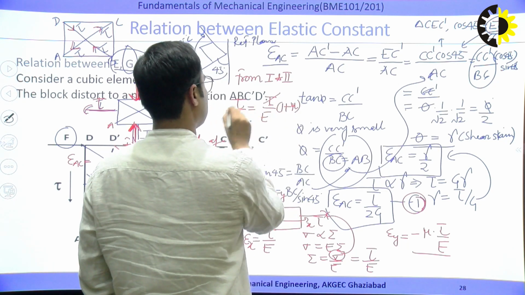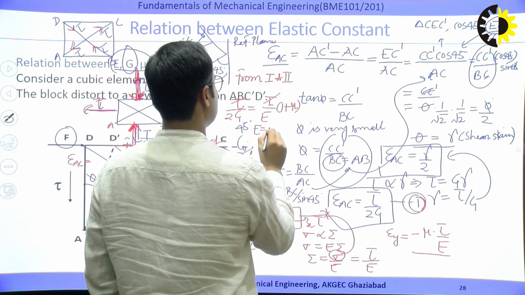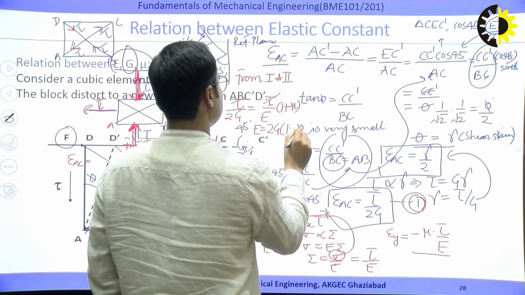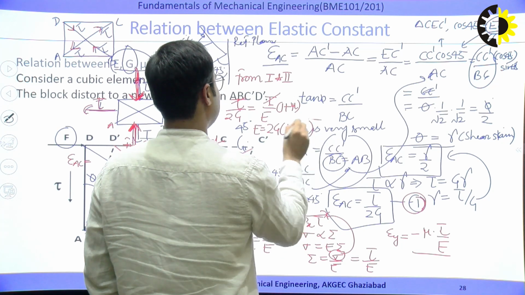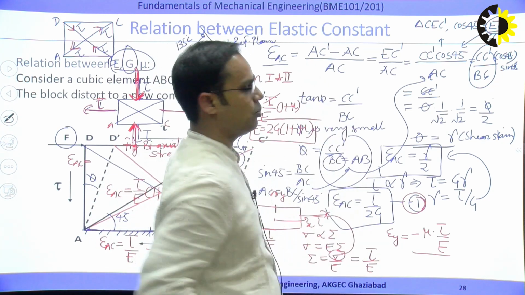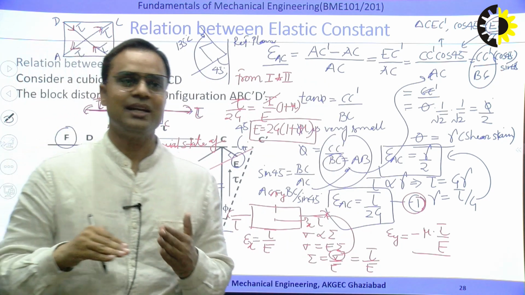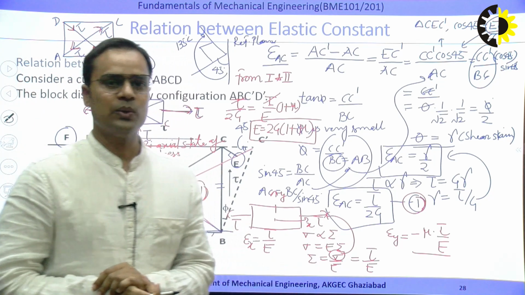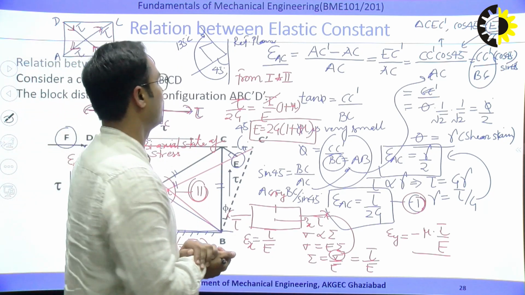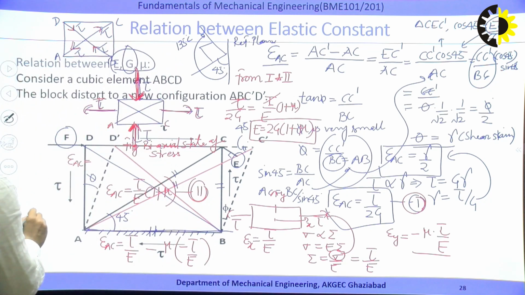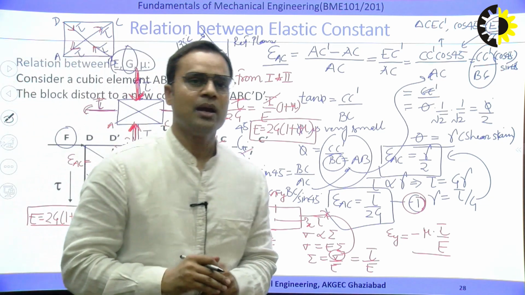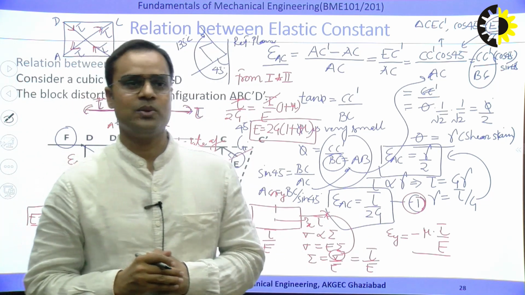So tau cancels, so E is equal to 2G(1 plus mu). That is the relation between E, G and mu. So this way we can derive this relation, E is equal to 2G(1 plus mu). So what is the final relation? E is equal to 2G(1 plus mu). Okay, I hope this derivation is clear, so thank you very much.